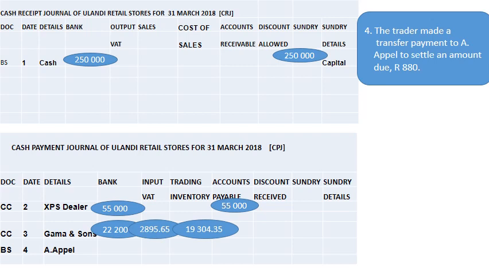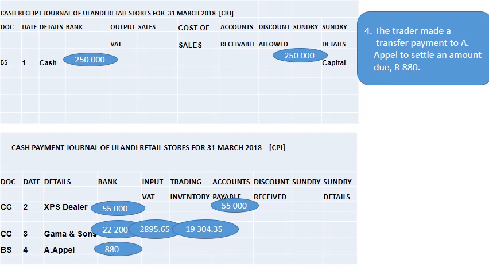Therefore, we will go to cash payment journal because it's a cash payment. Then under source document, we will reflect that this was a transfer payment. Therefore, our source document will be a bank statement. The transaction took place on the 4th and we paid Apple. The total amount paid is 880.